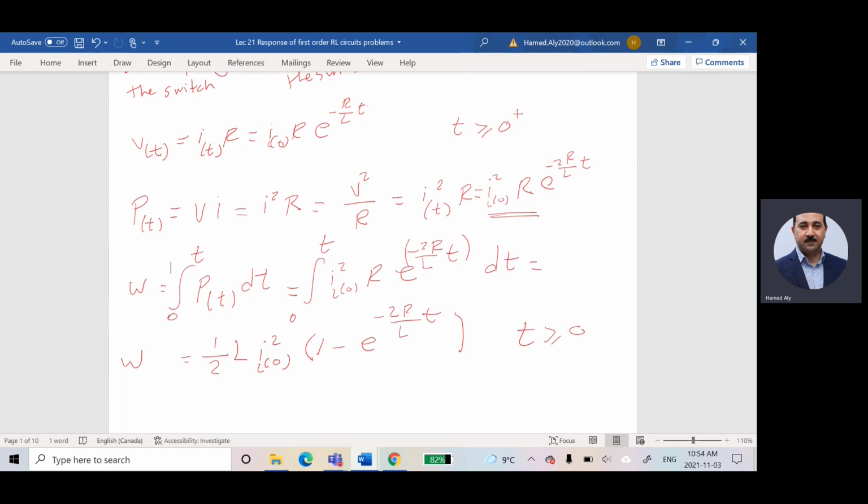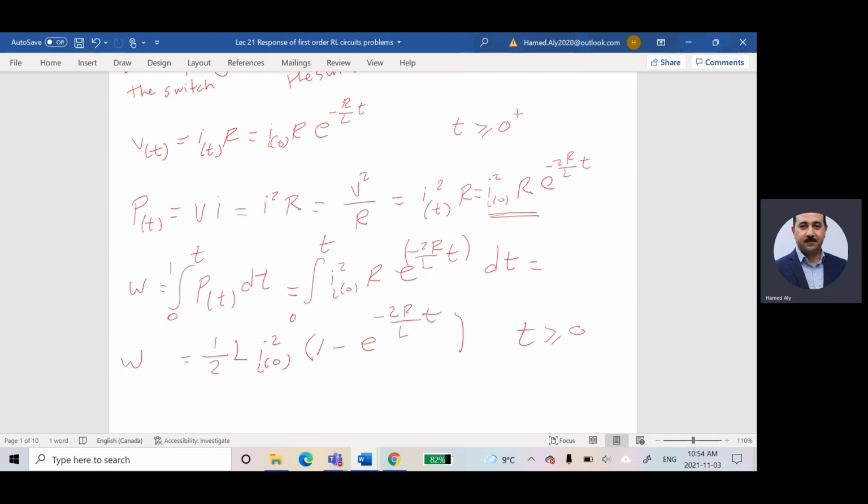What happened? Yeah, but the energy across the inductor, I'm expecting that by the time it should be 0. Did I make any mistake?